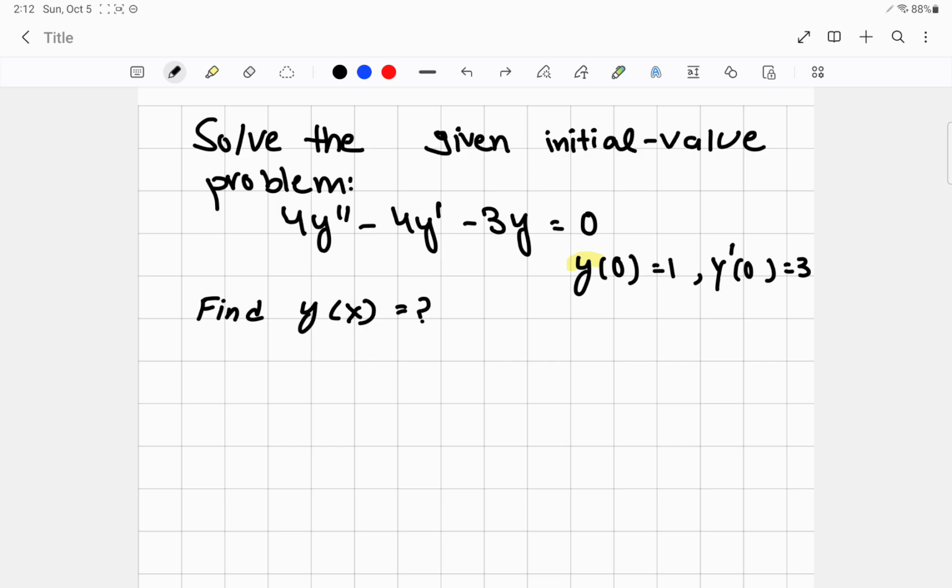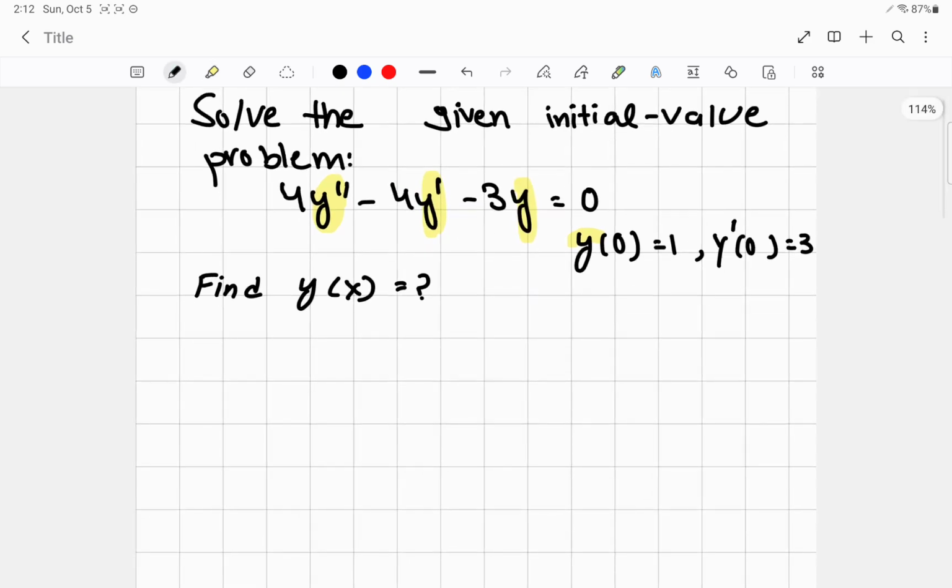Okay, so to solve this type of question, we have to use an equation called the characteristic equation. What we do in the characteristic equation is compare the derivatives with r square, r, and simple r.